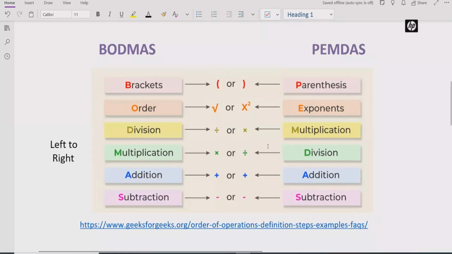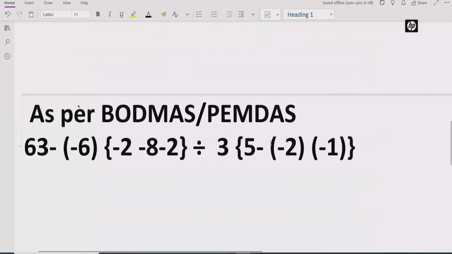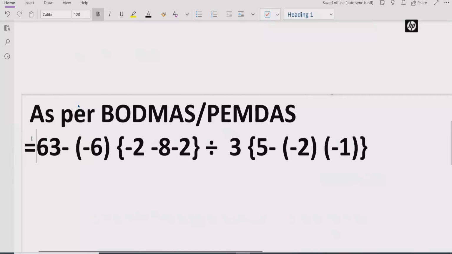Now, let's move towards solving this expression. As you can see on the screen, we have a big expression which contains multiple brackets and basic operations: minus, addition, division, and multiplication.